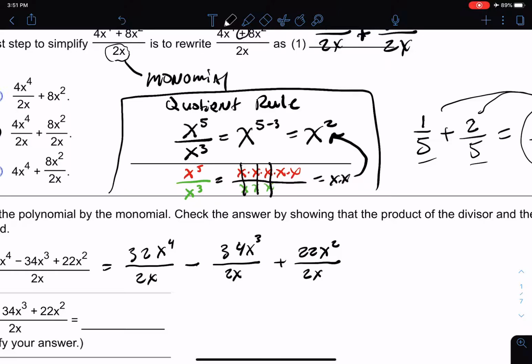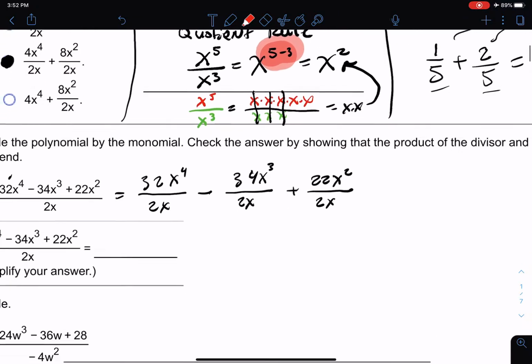So all this stuff in green and red shows you why the rule's true. But when you have large exponents, like x to the 50th power over x to the 25th power, you're not going to write all these x's out. You're just going to use the rule and subtract.